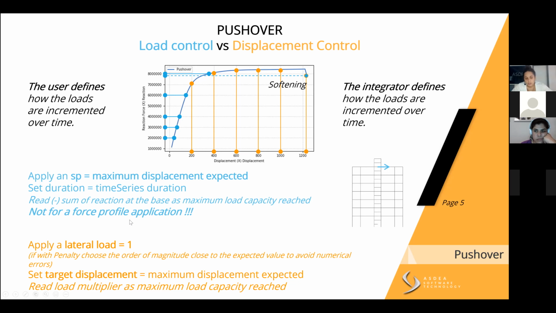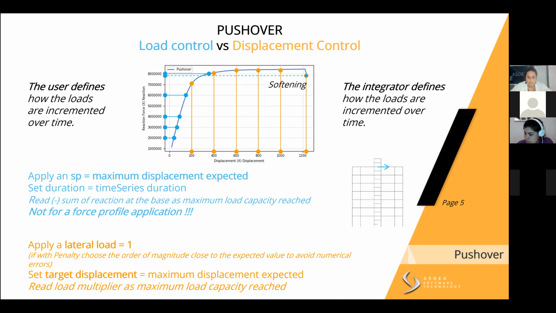Just a little note, if you are using the penalty method, we've seen in some testing that if you use 1 and the value of the load is very far away from the expected value, you can have some numerical problems. So in that case, you can multiply that 1 by the order of magnitude of the result that you expect, especially if you're modeling in Newton.